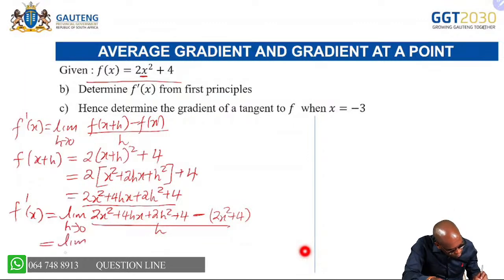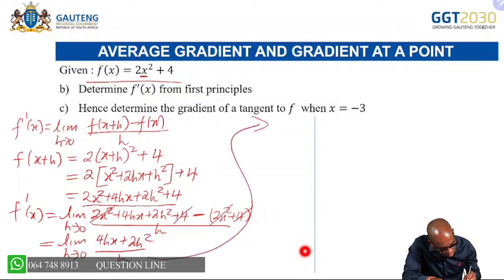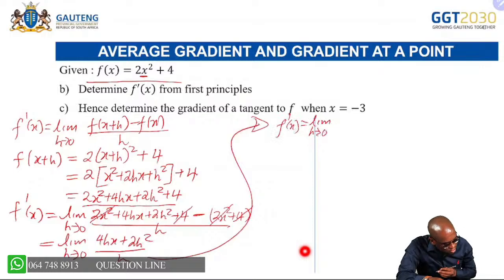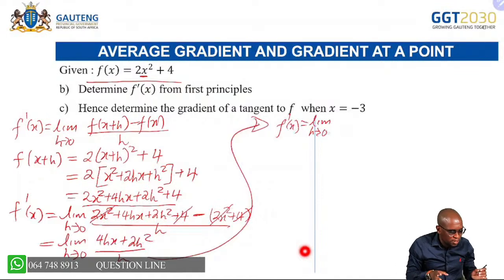So this is the limit as h tends to 0 of, if we simplify this, we see that the 2x squared and the 2x squared will give us 0. The 4 and the minus 4 here will give us 0. So we'll be left with 4hx plus 2h squared over h. We can continue with it here. So f prime of x would be the limit as h tends to 0 of, now we are going to take h out as a common factor, because you see the terms in the numerator contain h.